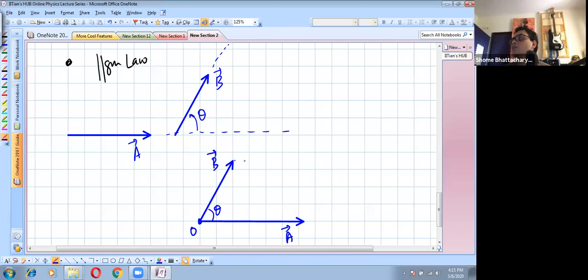Then the next step is you draw two supporting lines like this, one parallel to A and the other parallel to B, and by using these lines you complete the vector parallelogram.